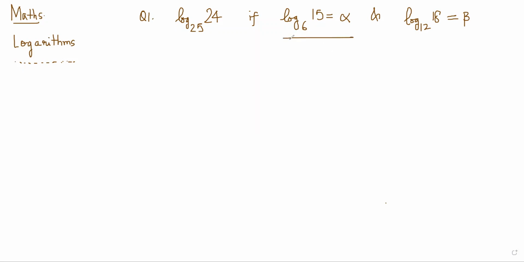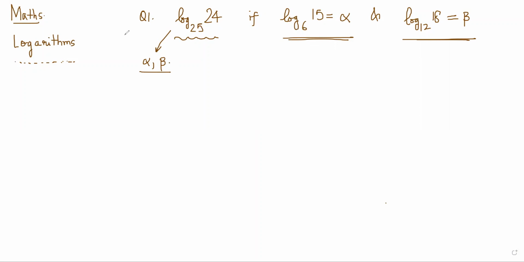This is already given to you. No, you have to use these, not some other base. So obviously the answers should come in terms of alpha and beta, right? Yeah. So why will you take a new base? You should not take any new base because you want to use whatever information is here.